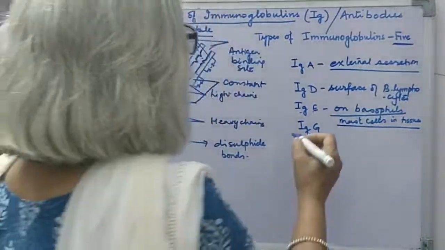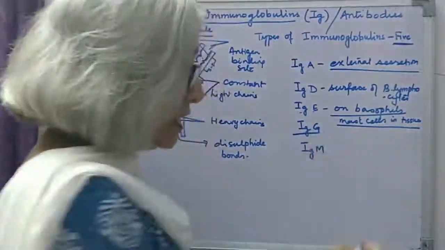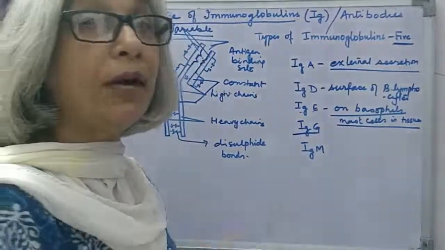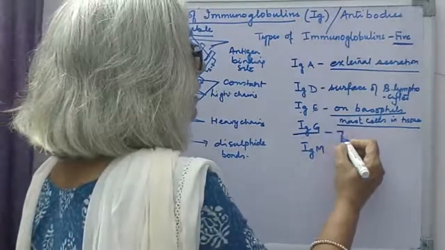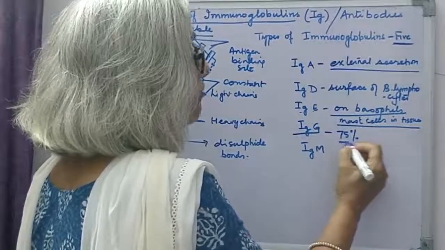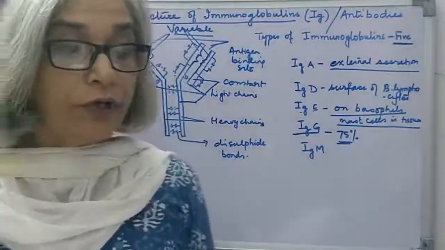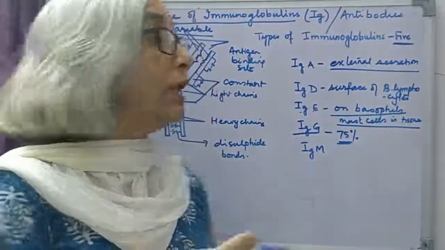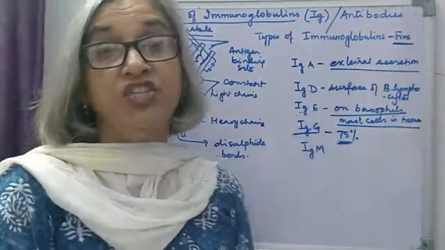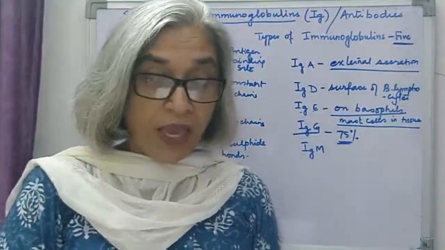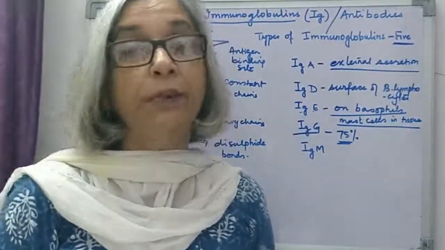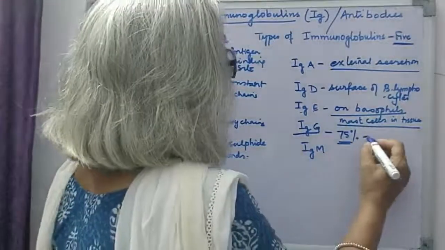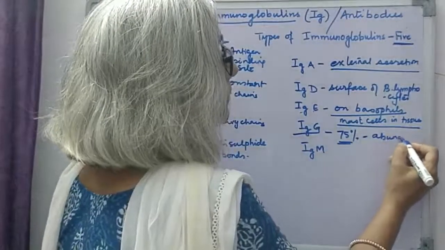Then we come to IgG. This is the most abundant antibody, and about 75% of the antibodies in blood are of the IgG kind. And this is the only antibody that can cross the placenta.